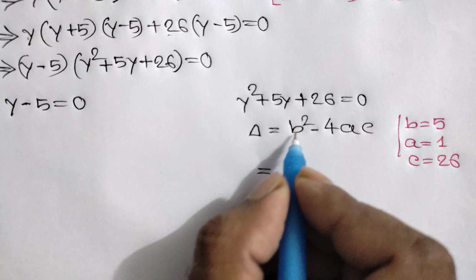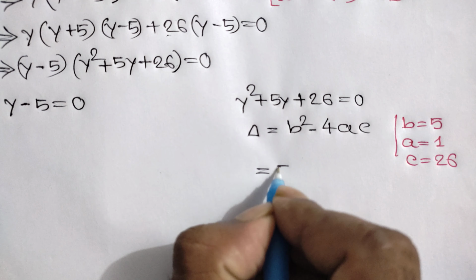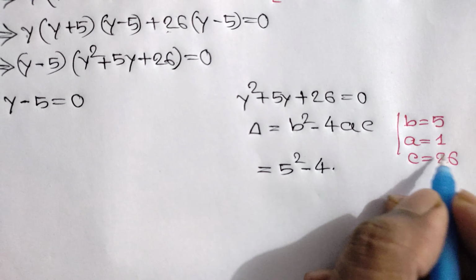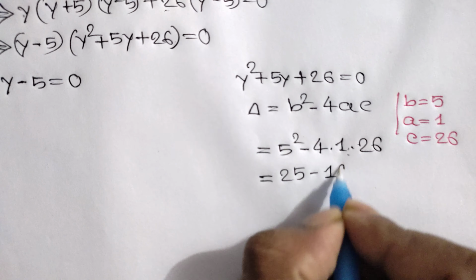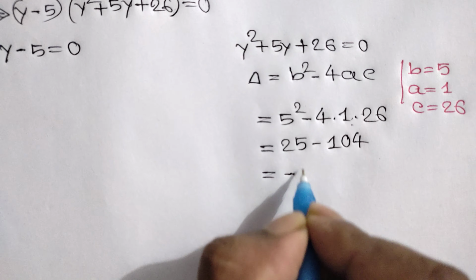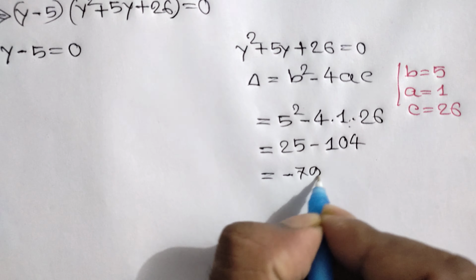So delta is equal to 5 square minus 4 times a is 1 times c is 26, that means 25 minus 4 times 1 is 4, 4 times 26 is 104. Now 25 minus 104, we will get negative 79.